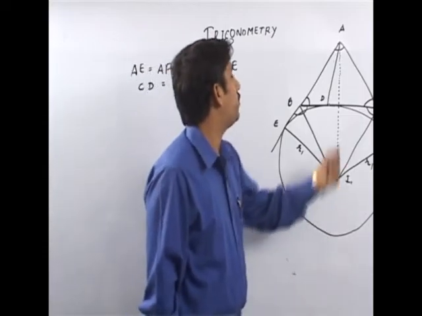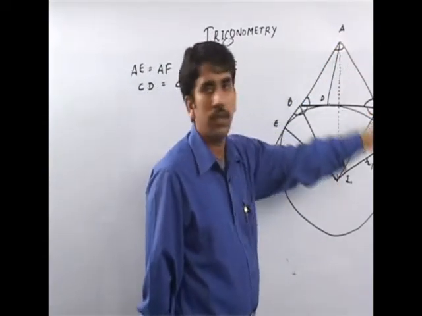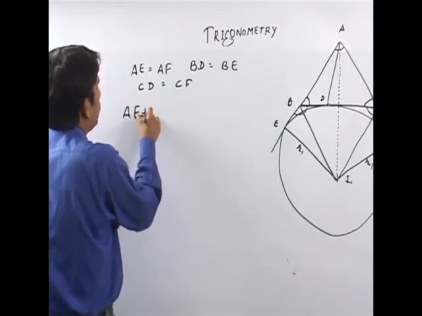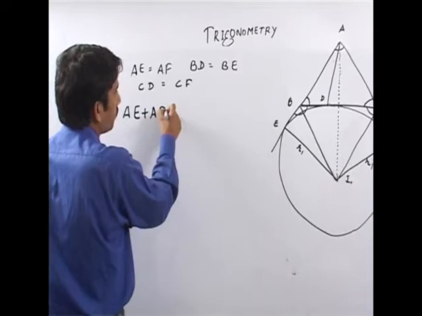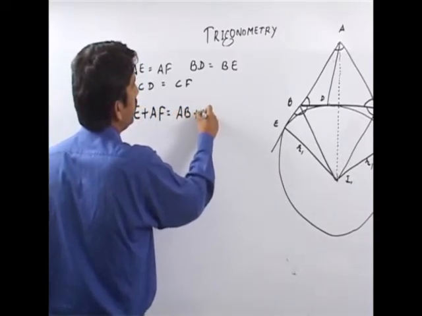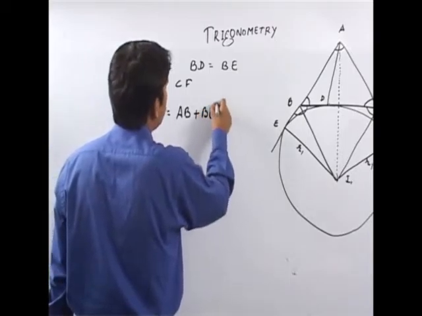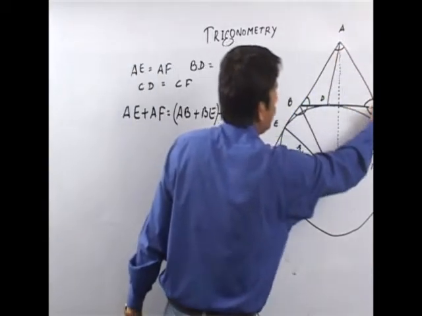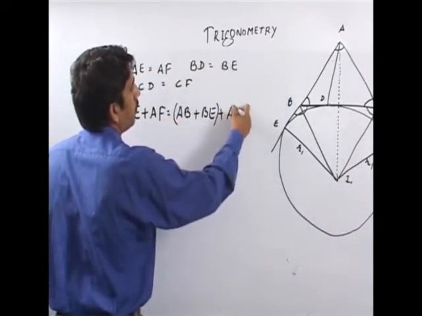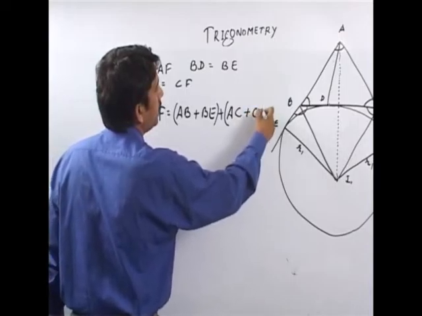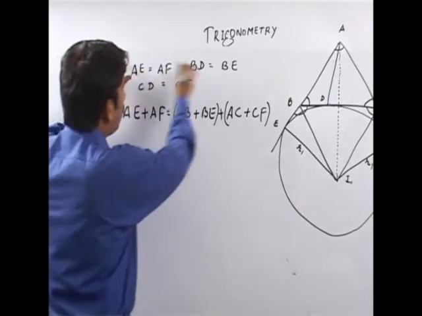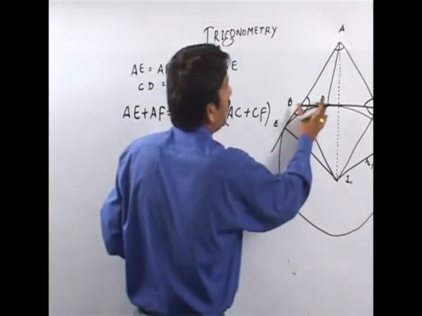Now, if we take AE plus AF, then AE plus AF is equal to what? This is equal to AB plus BE plus AC plus CF. Now we will put this value here so that we get BD plus DC.